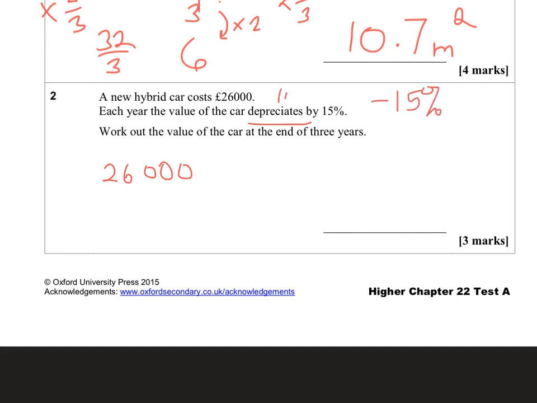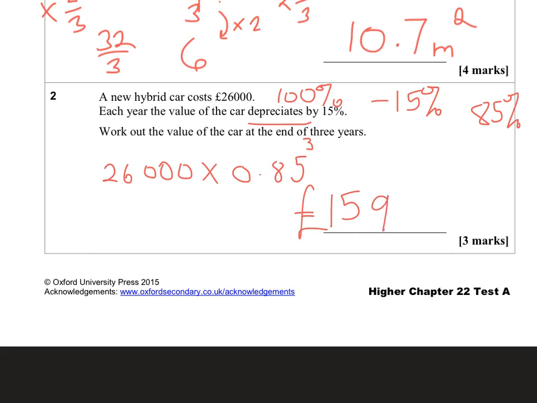So if we started at 100%, went down by 15%, we would have 85%, which is a decimal, 0.85, and it's 3 years, so it's to the power of 3. And that is £15,967.25p.